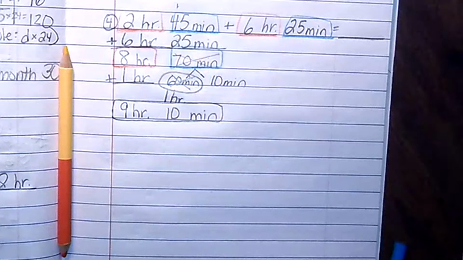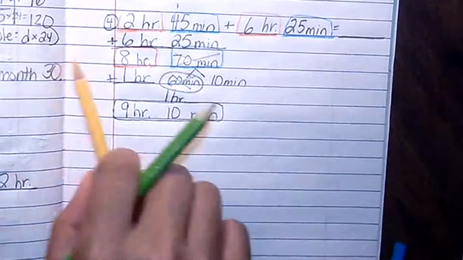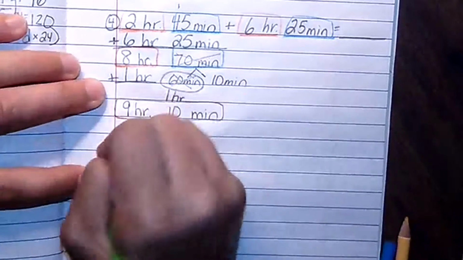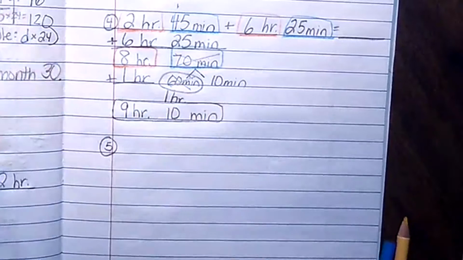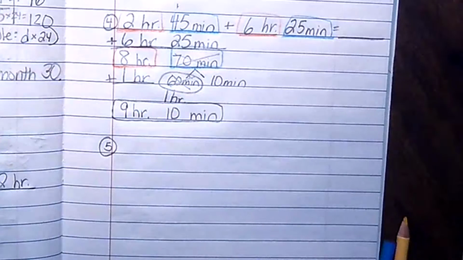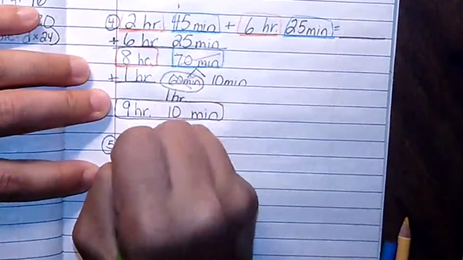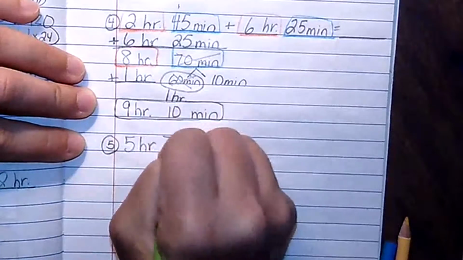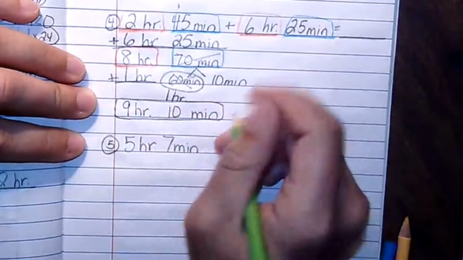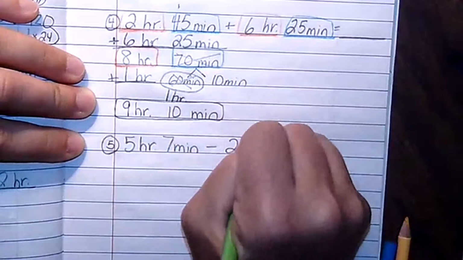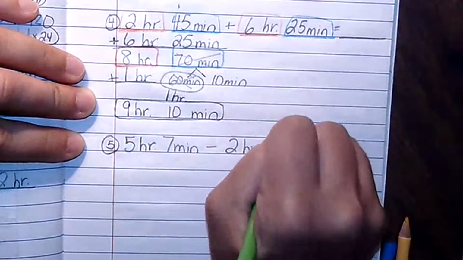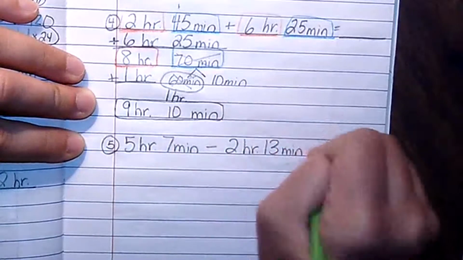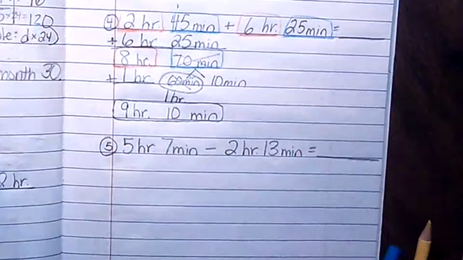Let's try one with subtracting. This is our last one. This is the one that's a little bit different. Number 5. Let's try 5 hours and 7 minutes minus 2 hours and 13 minutes. And let's see what we get.